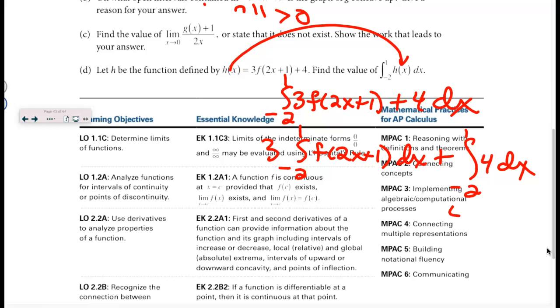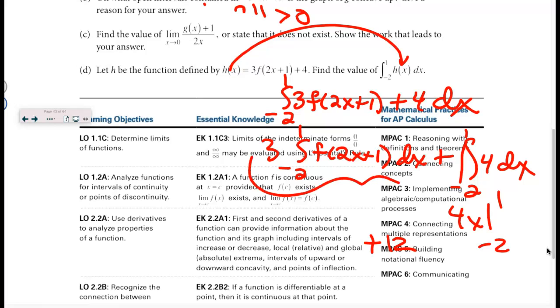It'd be 4x evaluated from -2 to 1, which would be 4 minus -8. It's 12. What's another way you could have done it? Yeah, it's a height of 4 and a span of 3, so it's a 3 by 4 rectangle. So I'll definitely put a plus 12 on there, even if I don't know how to do the other side, because I'm sure there's a point for each piece.